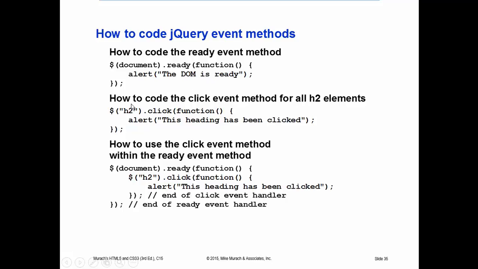Here, how to code the click event. Well, this says if I click any H2, run this function. Again, that parenthesis starts there and ends there. That curly brace starts there and ends there. So any H2 heading you happen to click with this, it's going to come back and say this heading has been clicked.